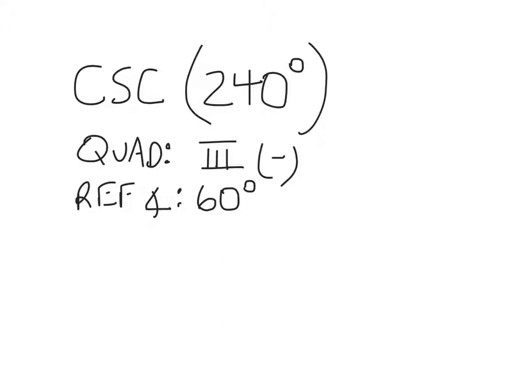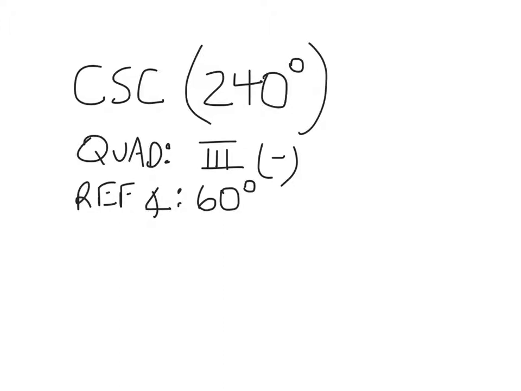Next, let's find cosecant of 240 degrees. 240 degrees lies in the third quadrant between 180 degrees and 270 degrees. Since cosecant is sine's reciprocal, the triangle is pointed down. So in the third quadrant, cosecant will have a negative value, and the reference angle is 60 degrees. We find that by subtracting 180 from 240 degrees.